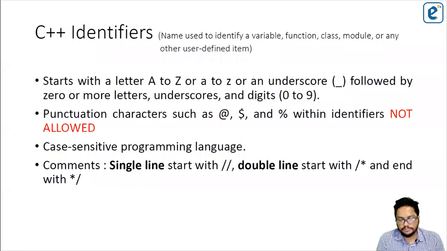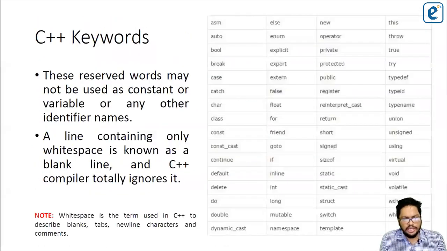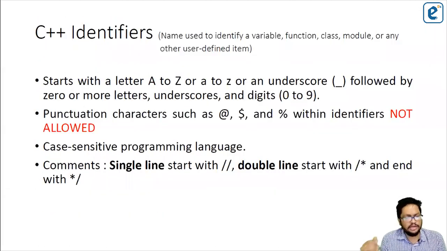The first topic today is variables. I'm going to discuss how to create variables in C++ and how to get things done using them. Before that, I need to give you an introduction to two things: identifiers and keywords.